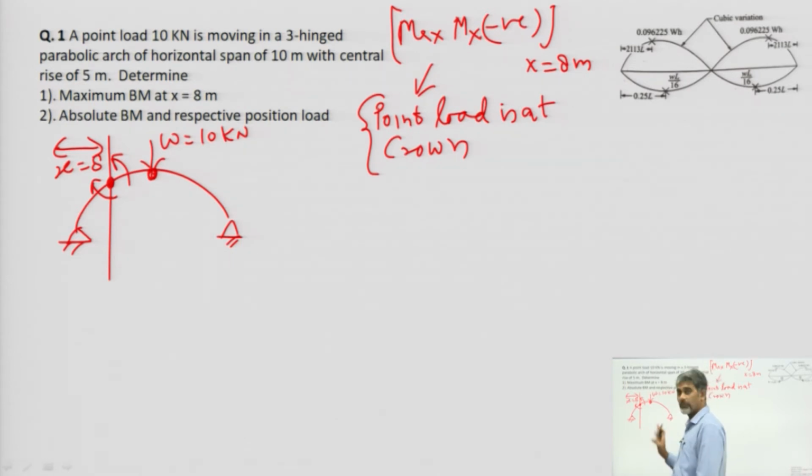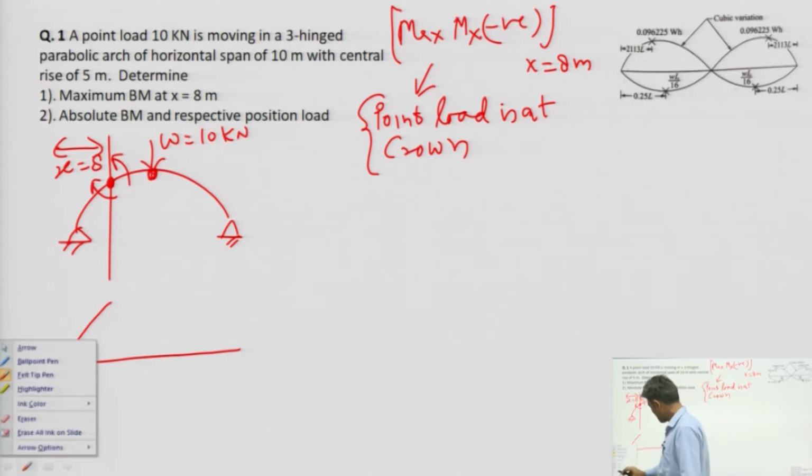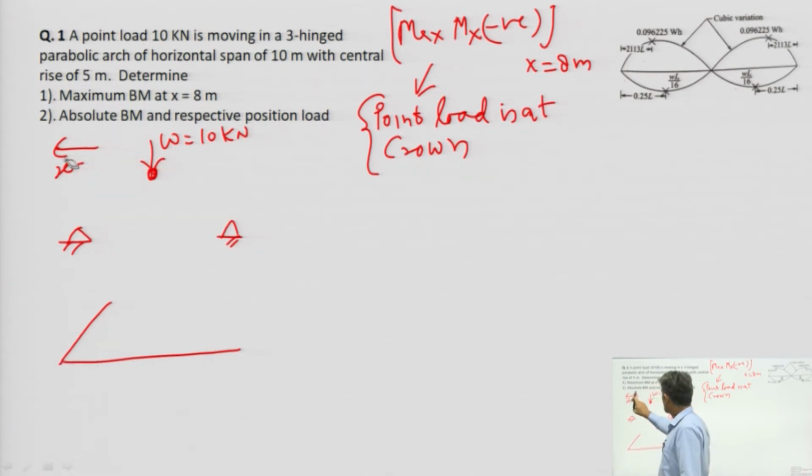So, this is one procedure, and another procedure is same, actually x is equal to 8 is here actually, okay, that mistake we did previously. x is equal to 8, okay.